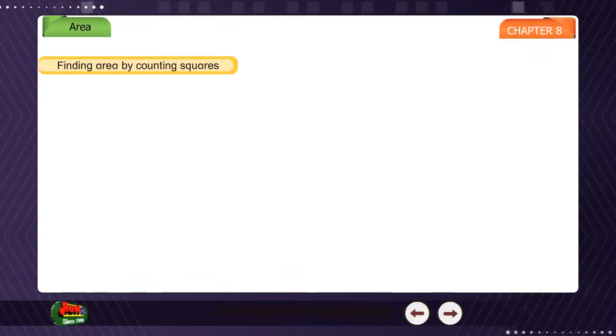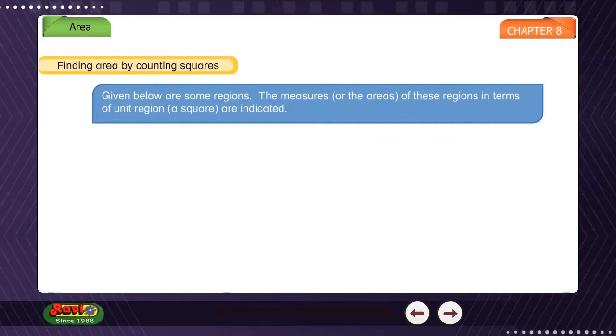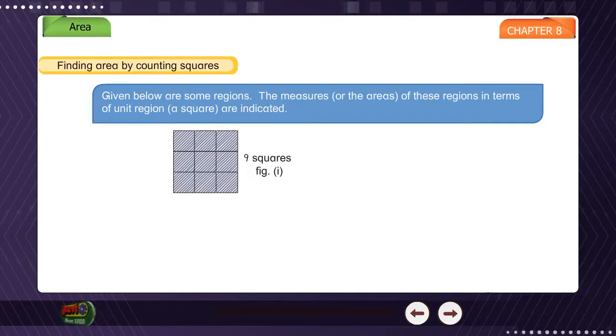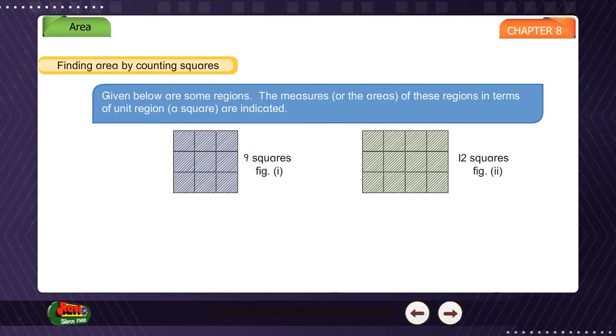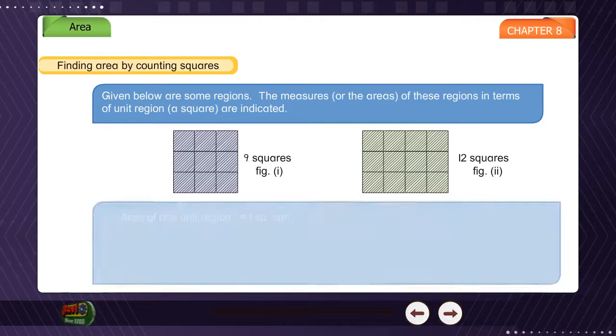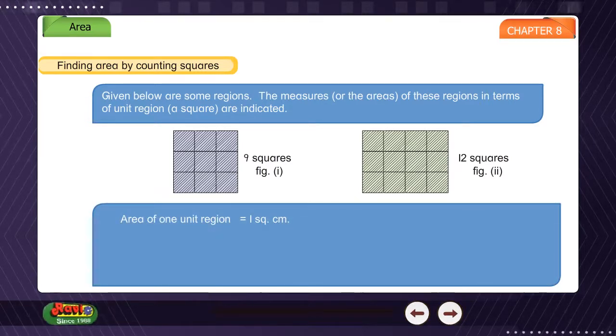Finding area by counting squares. Given below are some regions. The measures or the areas of these regions in terms of the unit region, a square, are indicated: 9 squares, figure 1; 12 squares, figure 2. Area of one unit region is 1 square centimeter.